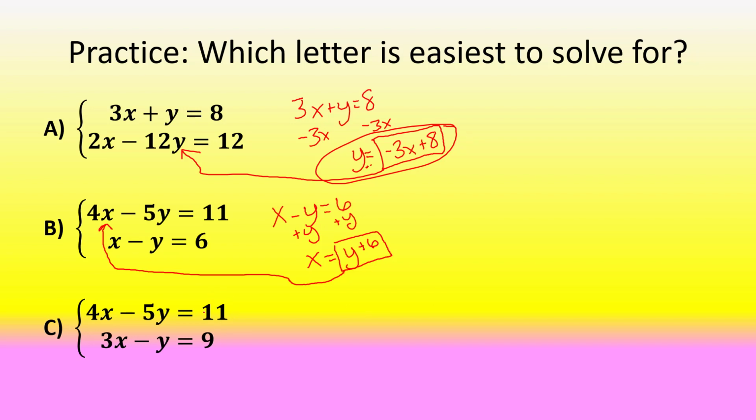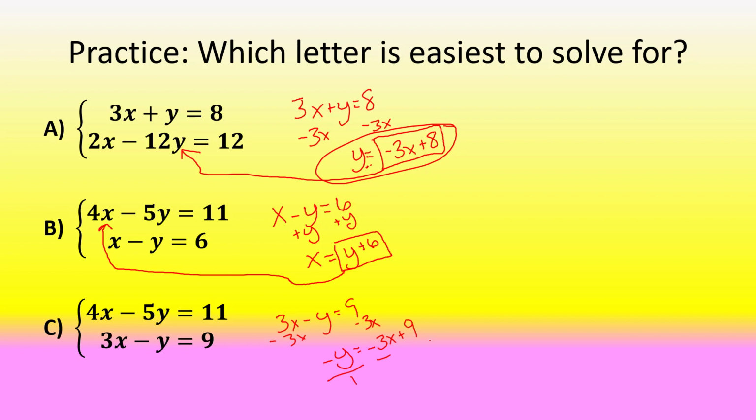Last example, 4x minus 5y equals 11. 3x minus y equals 9. Here I would probably say your simpler process is again to isolate the y. So 3x minus y equals 9. Subtract 3x from both sides. Negative y is equal to negative 3x plus 9.